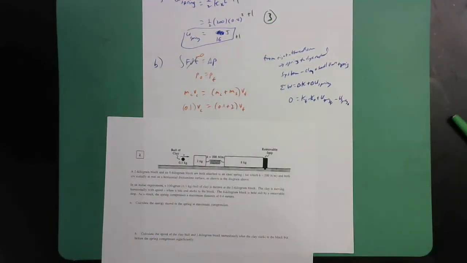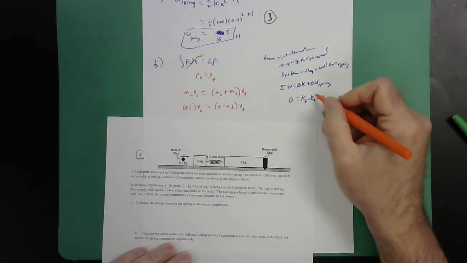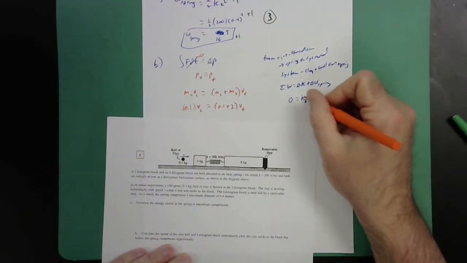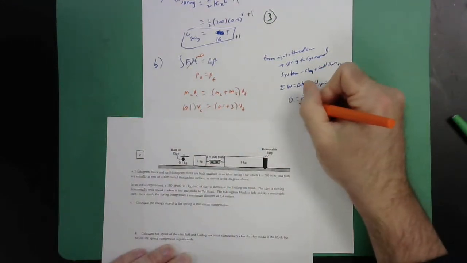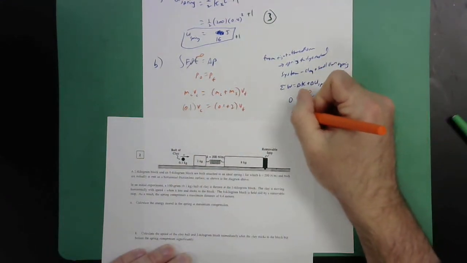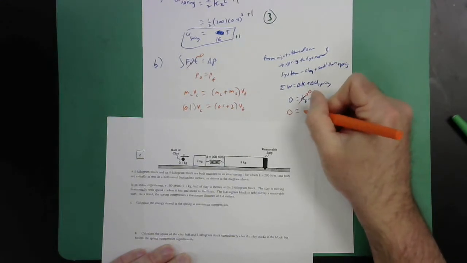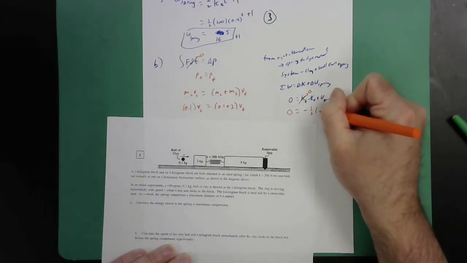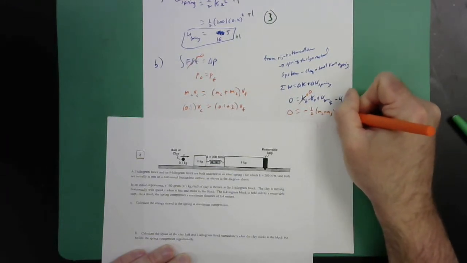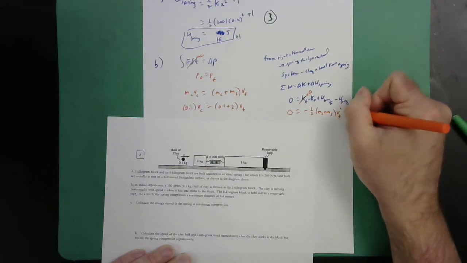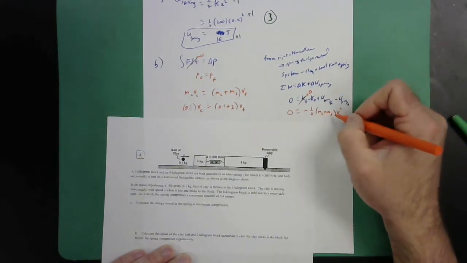At the start, we are cruising along. At the end, the block is going to get stopped completely by the spring. So this K final will be 0. But K initial is 1/2 the mass of the clay plus mass of the small block times the speed after the collision squared, 1/2 mv squared.